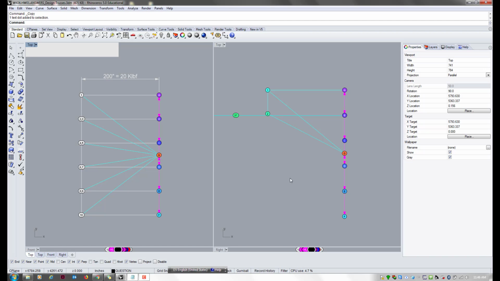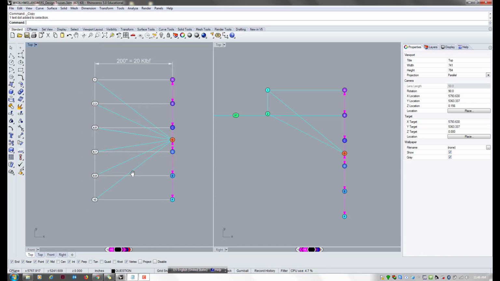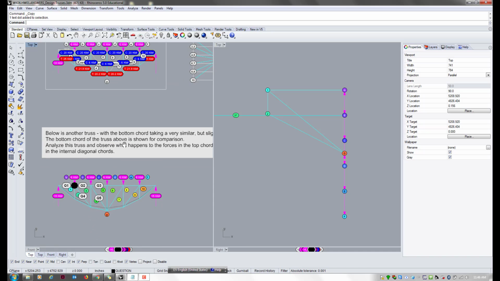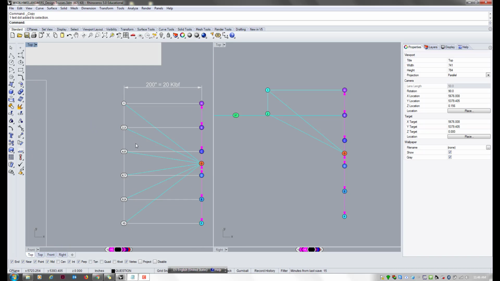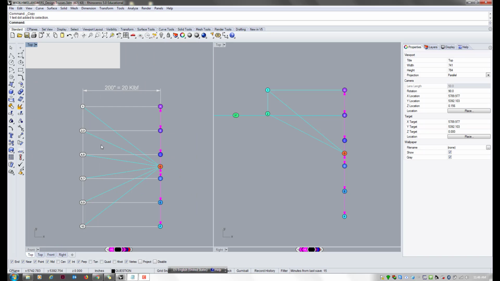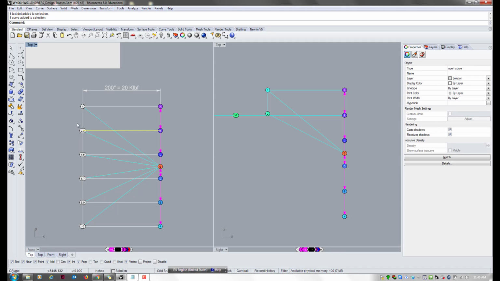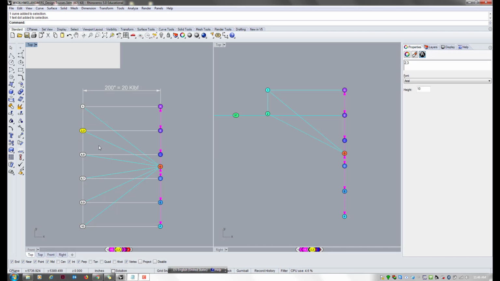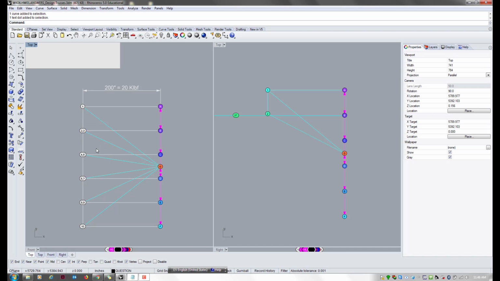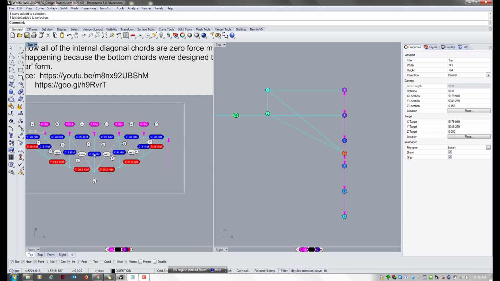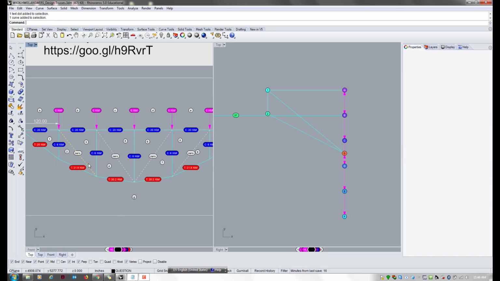What you probably notice is that because the shape of these two trusses are very similar, our force diagram will end up looking very similar as well. So you might have guessed, from the previous example, point 2 and 3 happen to be at the identical point. Therefore, this diagonal member was a zero force member.